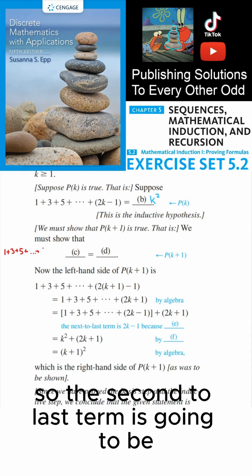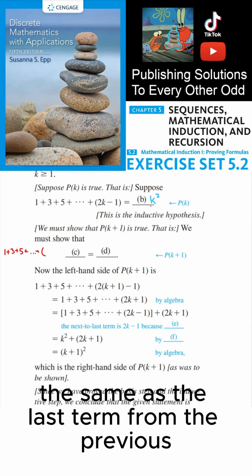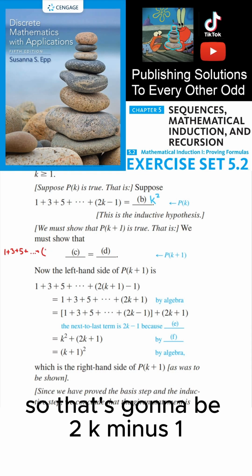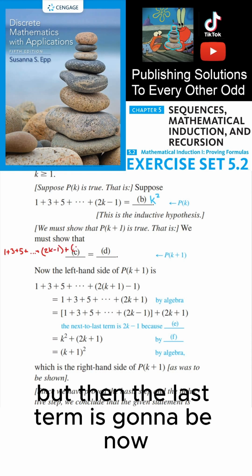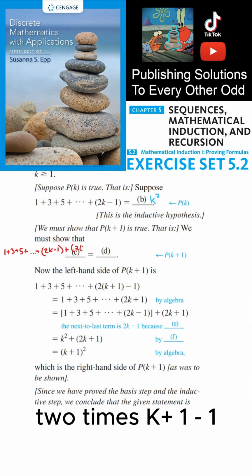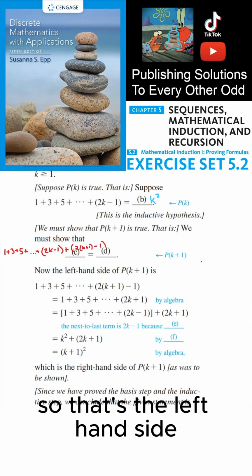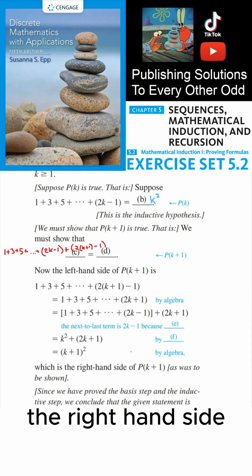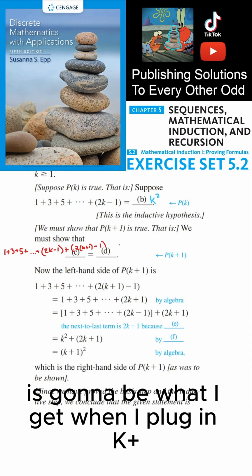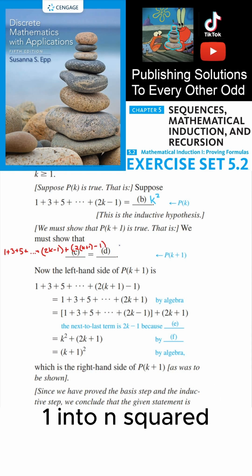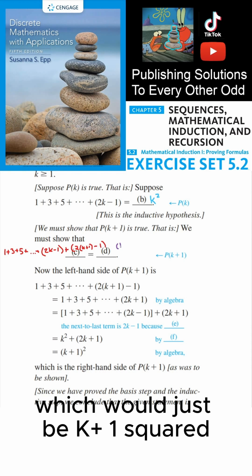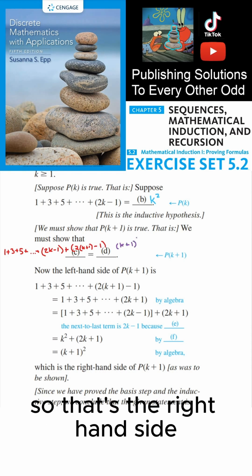The second to last term is going to be the same as the last term from the previous statement P of k. So that's going to be 2k minus 1. But then the last term is now 2 times k plus 1 minus 1. So that's the left-hand side. The right-hand side is what I get when I plug in k plus 1 into n squared, which would just be k plus 1 squared. So that's the right-hand side.